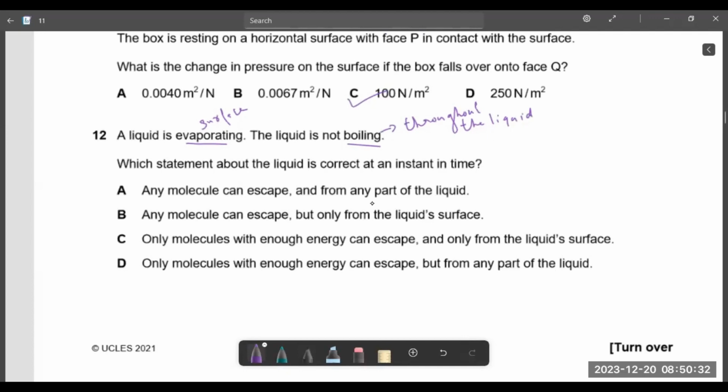In the case of evaporation, the molecules acquire more kinetic energy and escape from the liquid surface. So the right choice is that only molecules with enough energy can escape, and only from the liquid surface. C is the right answer.